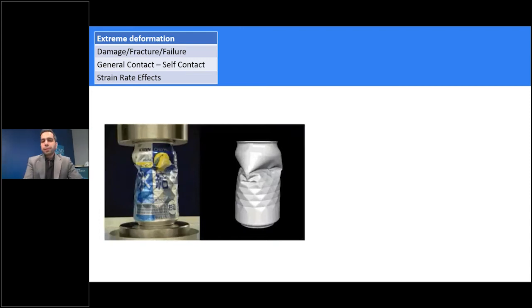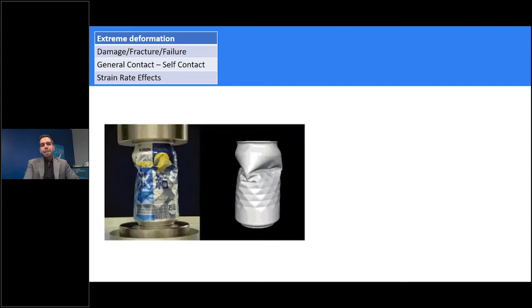Roman talked about a lot of advanced capabilities that SimuliaWorks brings to the table: extreme deformation, damage, fracture, and failure modeling, general contact, self-contact, and strain rate effects. These are the very advanced parts of simulation that for years Abaqus technology was leading, and there are different solutions for this.